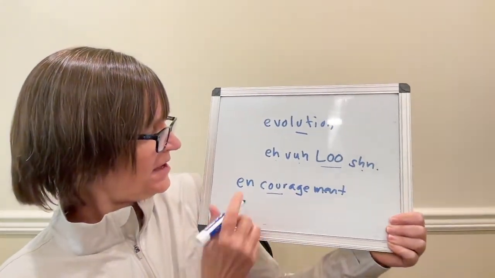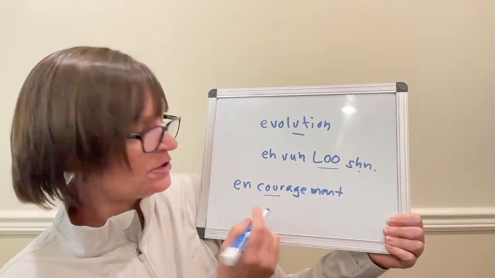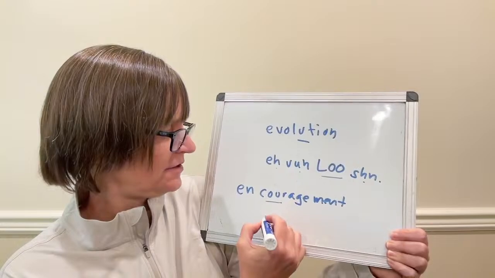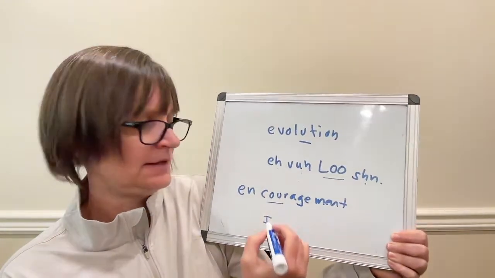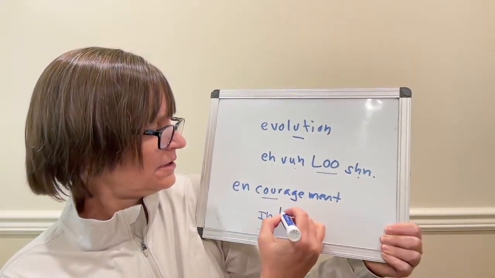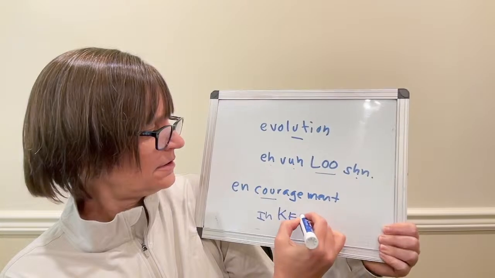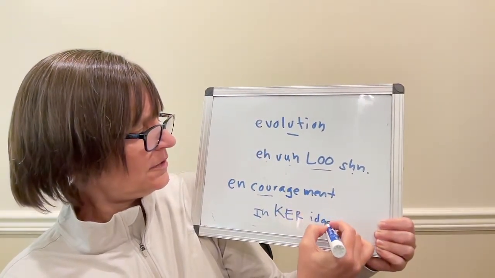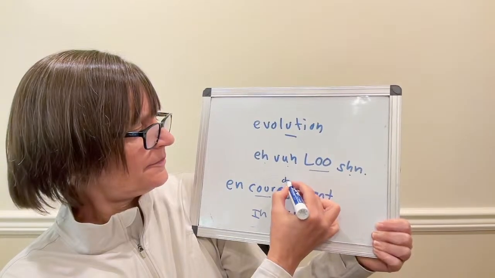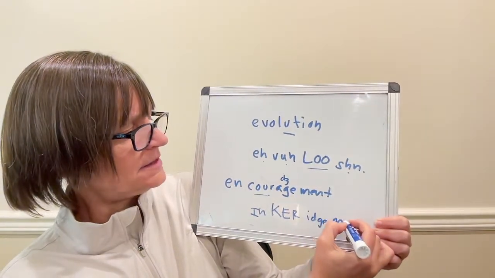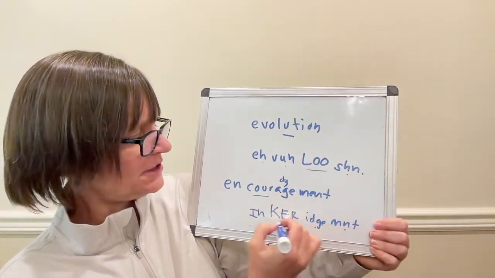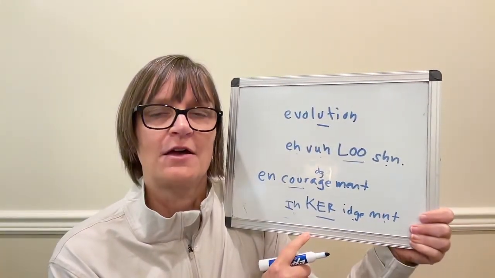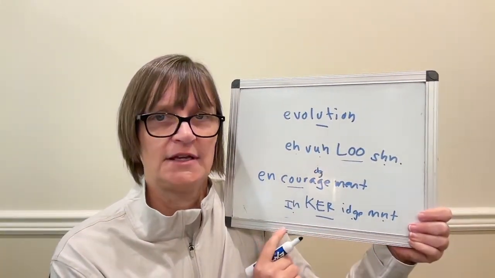Because the N is unstressed, you can say it with an eh vowel, "encouragement," but you will also hear it just as an I vowel, like "in." So "in-courage." There's another I sound with the J. And then "ment," not much vowel in that last syllable. So with this one, you might want to start on the stressed syllable, like "encouragement."